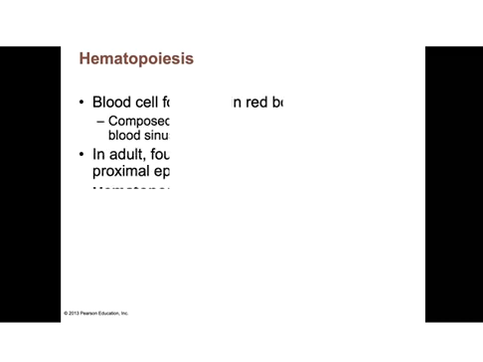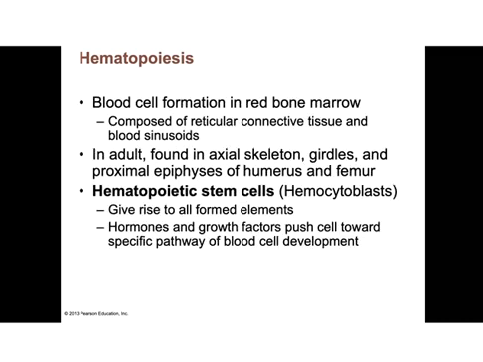Hematopoiesis takes place in red bone marrow, which is in the bones of the axial skeleton and the proximal femur and humerus and the pectoral and pelvic girdle. So what happens here is that hematopoietic stem cells give rise to all of the other formed elements of blood. What turns them towards a certain path, a certain mechanism to create the blood, is the colony-forming factors, which are proteins that bind to receptors on these stem cells and then guide them down a certain developmental pathway in an irreversible fashion.